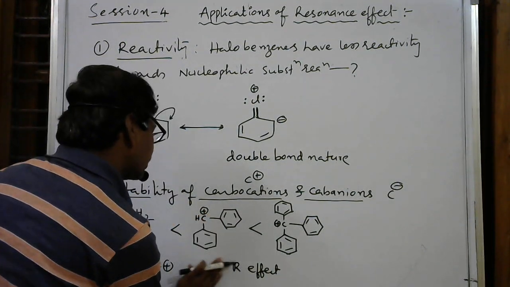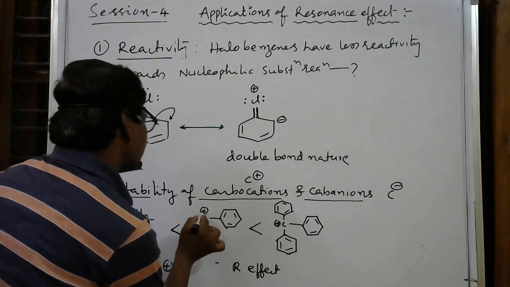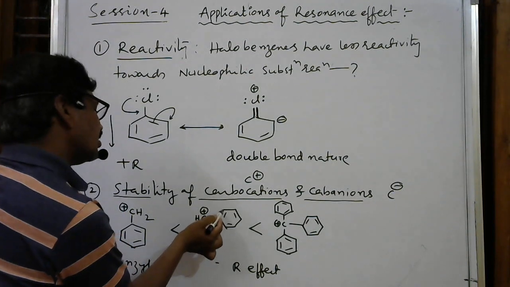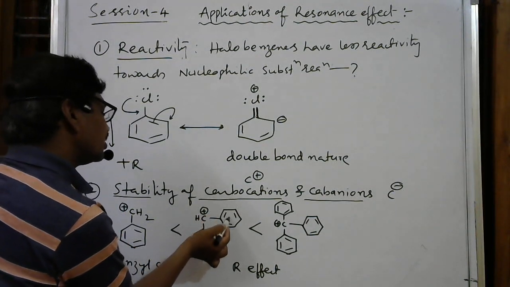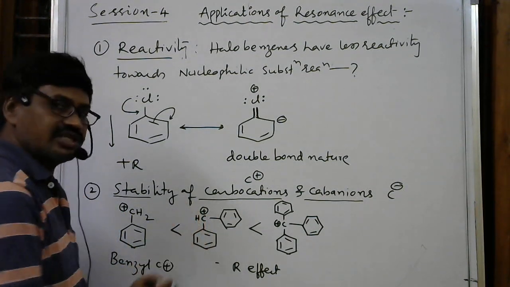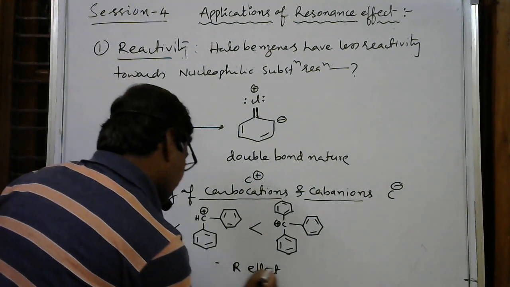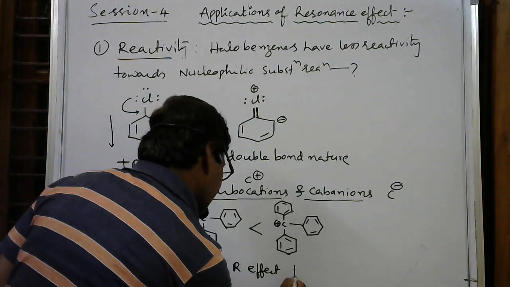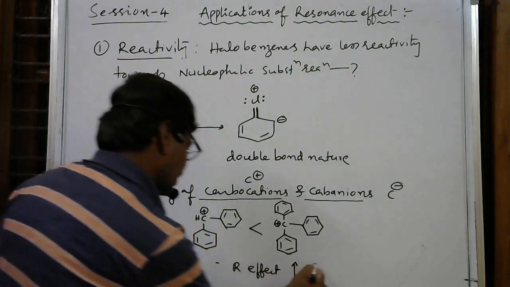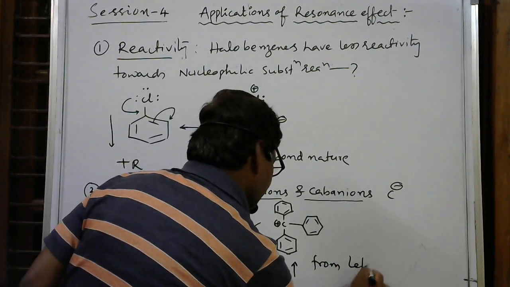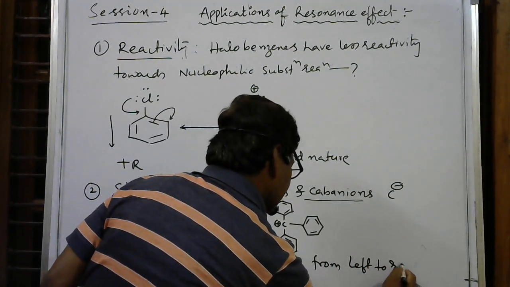Here it is not the plus R effect but the minus R effect, because from this carbon towards this carbon the pi electrons are coming, which means the ring is deactivated but the carbon's positive charge is stabilized. So the effect increases from left to right.